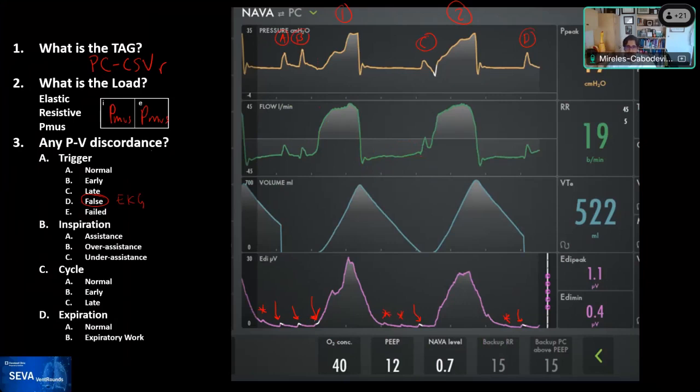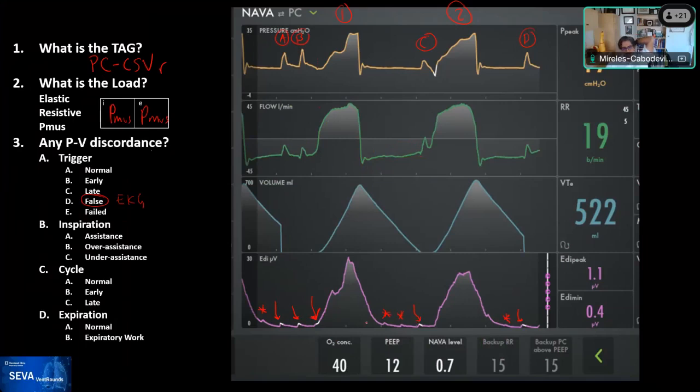I actually sent a message to Christer Sinderby, who made NAVA, and asked him what is happening here. And he said this is exactly what's happening. So we needed to readjust the NAVA catheter to ensure that we're not getting contaminated.